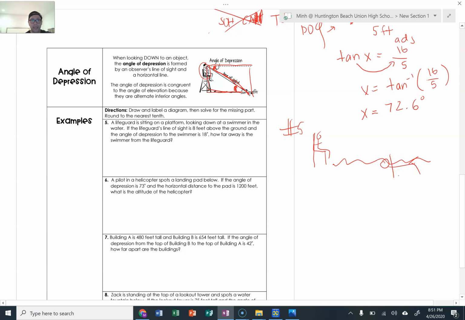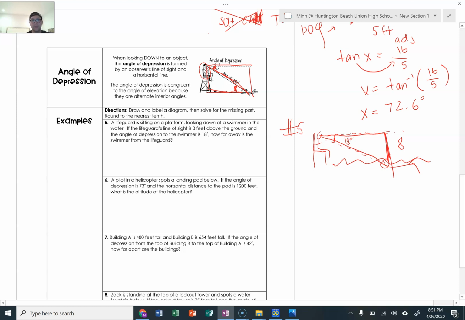And the lifeguard's line of sight is 8 feet above ground. So he is looking right over here, and he's looking down. His line of sight is 8 feet above ground. And the angle of depression, his sight looking down at the swimmer, is going to be right over here. So line of sight is right here, and then his vision. That's going to be 18 degrees.